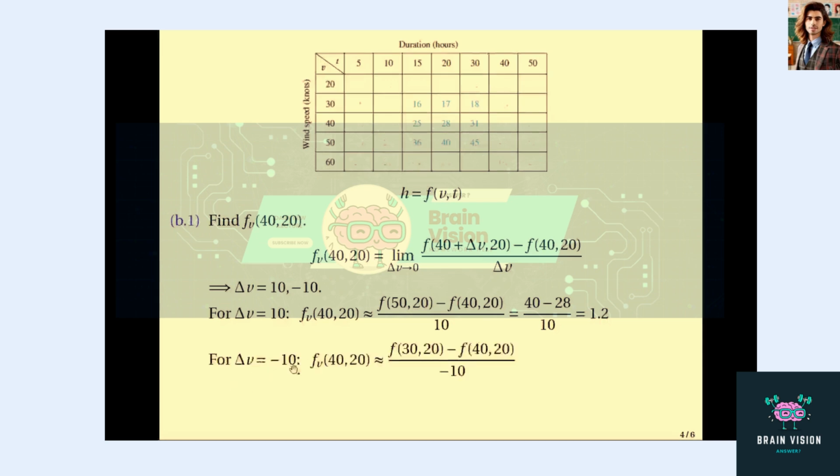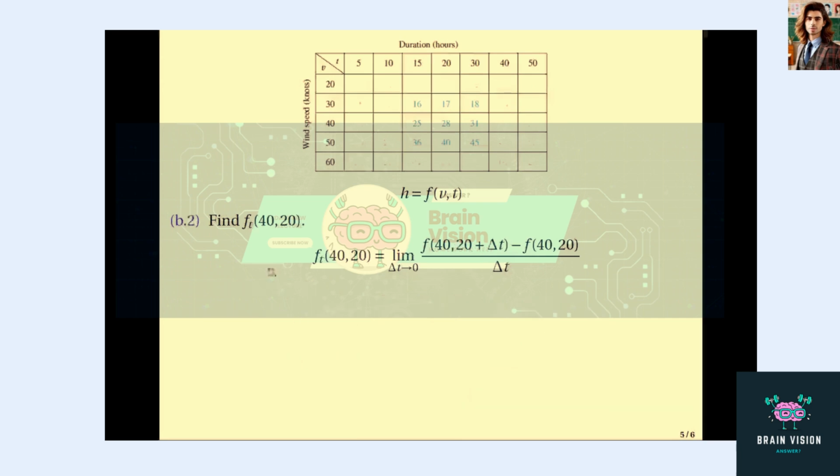For delta v equals negative 10, f sub v of 40, 20 is also approximately equal to f of 30, 20 minus f of 40, 20 divided by negative 10. Looking at the table again, we obtain 17 minus 28 divided by negative 10, which is equal to 1.1. Following the example in the textbook, f sub v of 40, 20 will be approximately equal to the average of these two values, which is 1.15.